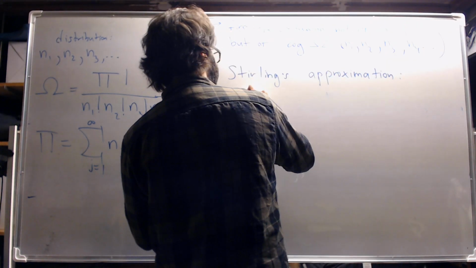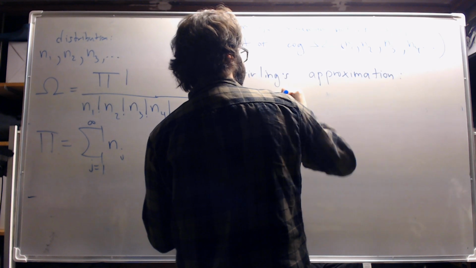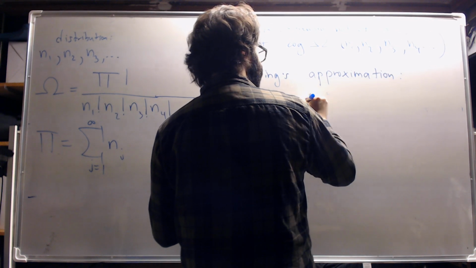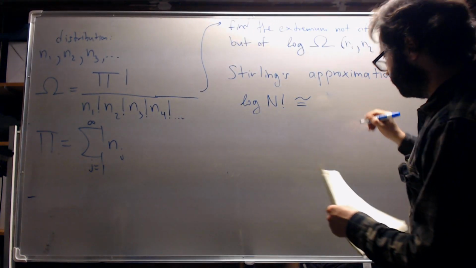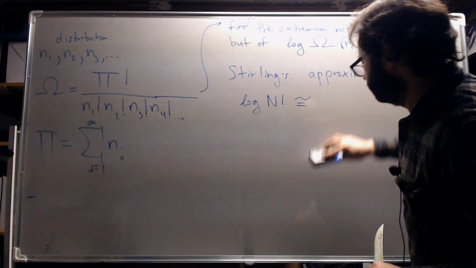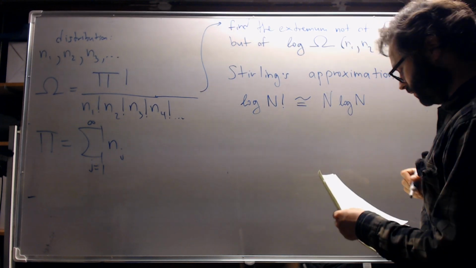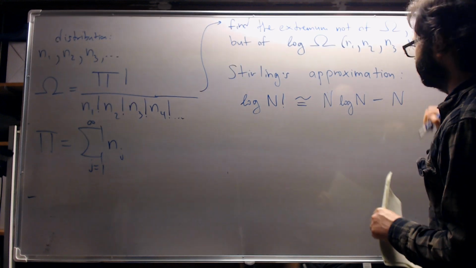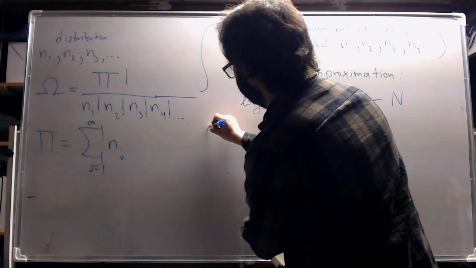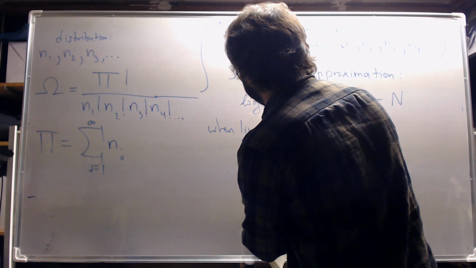So Stirling's approximation is that if you have the logarithm of some number n factorial, this is approximately equal to n times the logarithm of n, minus n, when you take the limit as n goes to infinity.